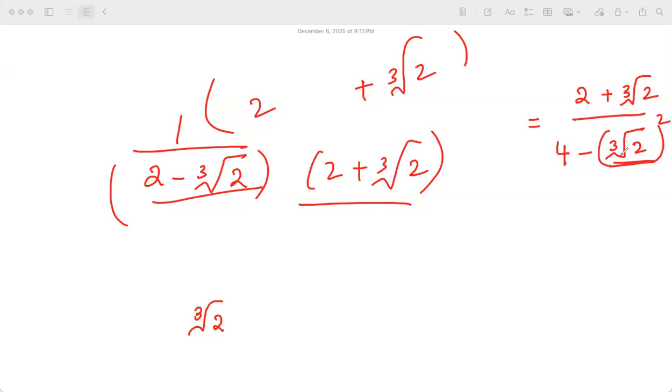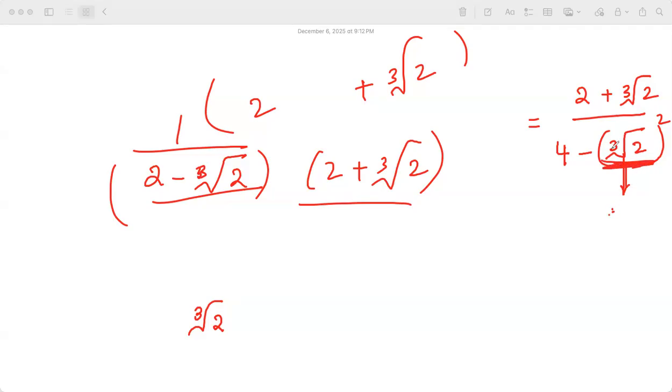Multiplying by its conjugate for a cube root, as you say, Swarit, is incorrect. And Vidyut, you have been wanting to put this as what? He's saying cube root of 4.